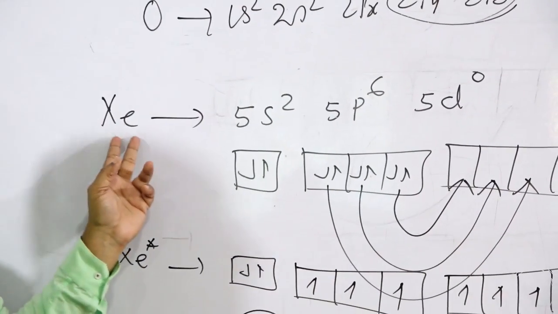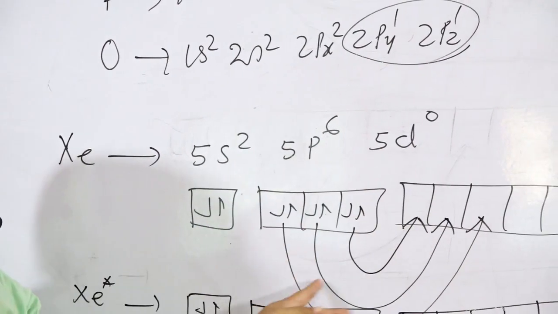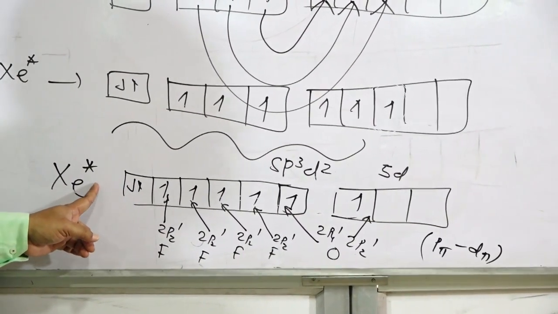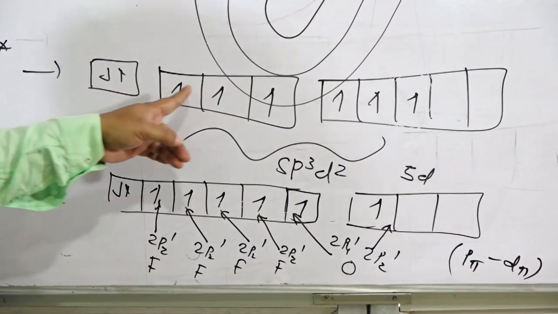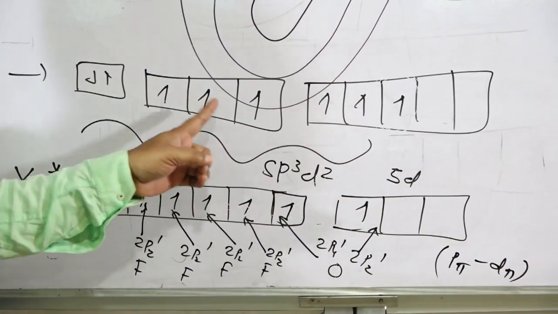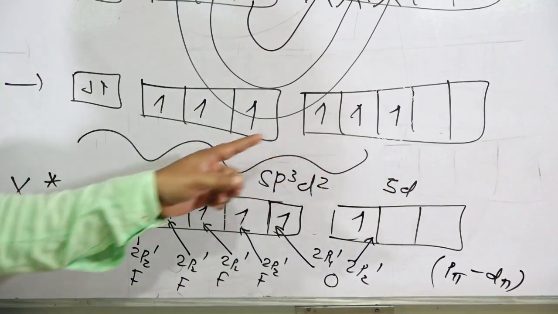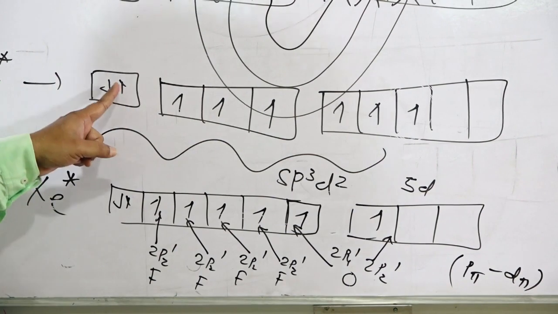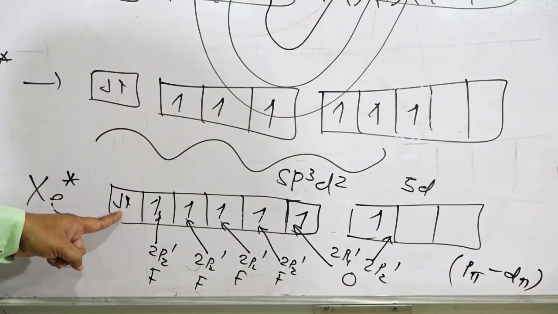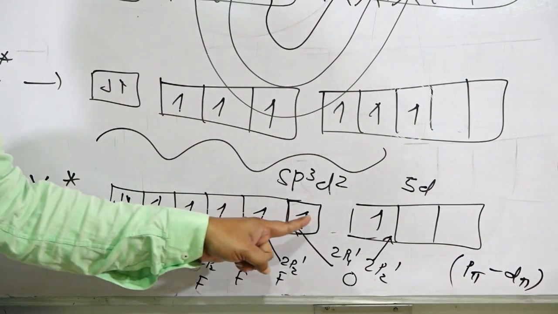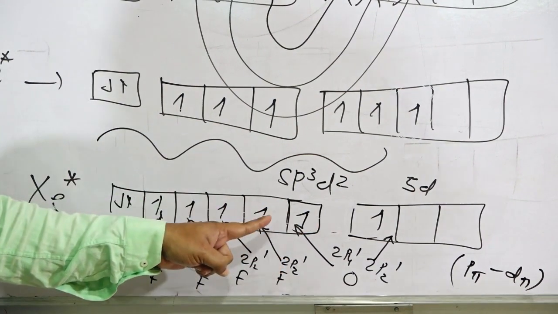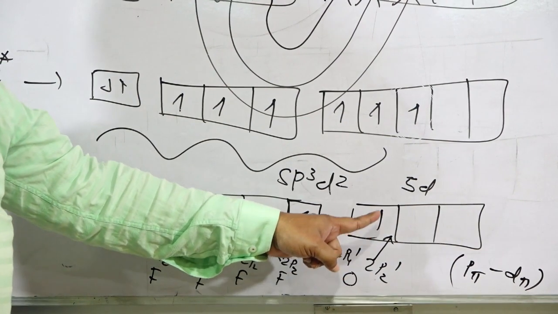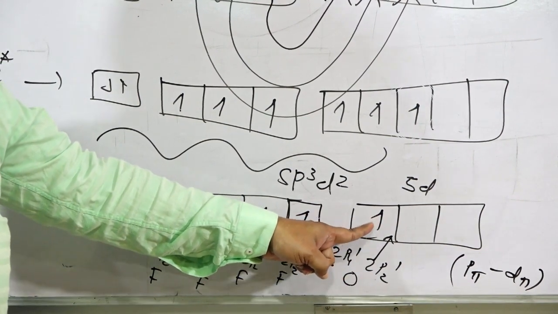So xenon atom 5s2, 5p6, 5d0, electrons promoted. Xenon atom excited contains 6 unpaired electrons. And among these 6 unpaired electrons, sp3d2 hybridization is going on. There is the presence of 1 lone pair of electrons, and 5 electrons are there in the hybrid orbitals. 1 electron is in the unhybridized orbital that is responsible for pi bond formation.